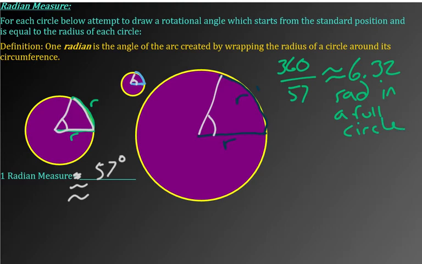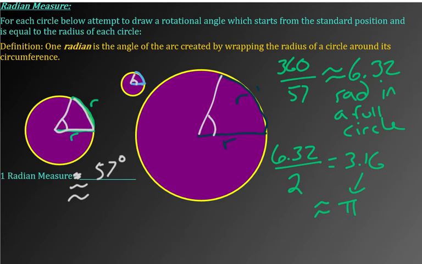And if you do 6.32 divided by 2, you're going to get 3.16. Turns out, 3.16 is about pi, but I said that 1 radian was about 57. The amount I'm off there makes it so that a perfect circle is exactly 2 pi, and a half circle is exactly pi.